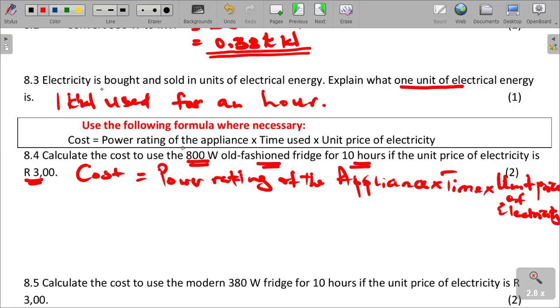So the cost is equal to 0.80 multiplied by the time, 10 hours, and then multiplied by the unit price of electricity, which is 3 rand.